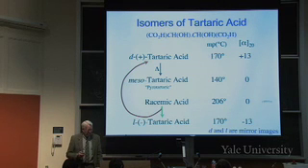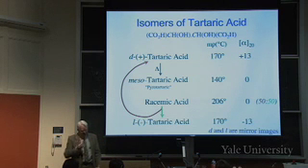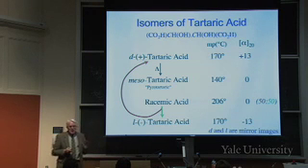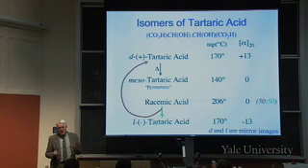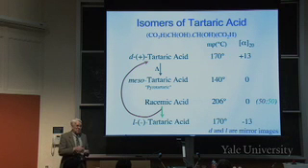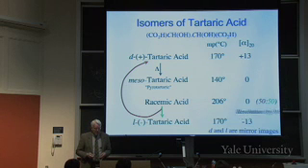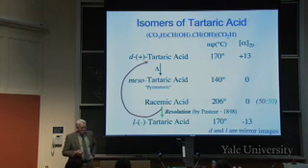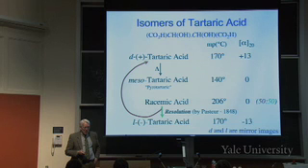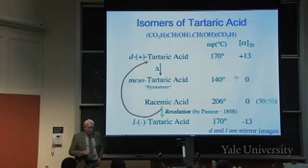So those are mirror images of one another. Now, this was 1848, so that's a long time from where we've gotten to, right? That was 10 years before the idea of bonds, okay? So that was resolution, the separation of a mixture into the two components, right?